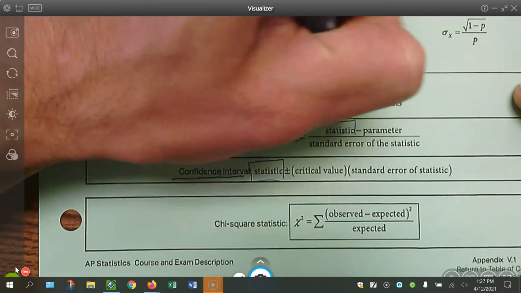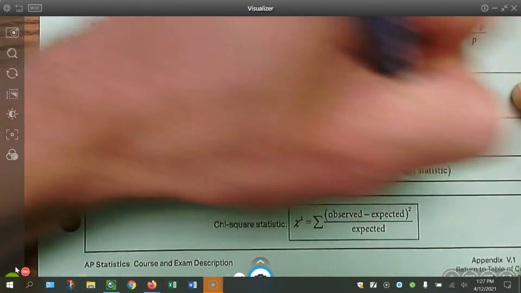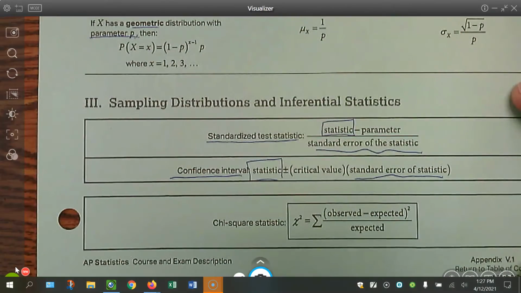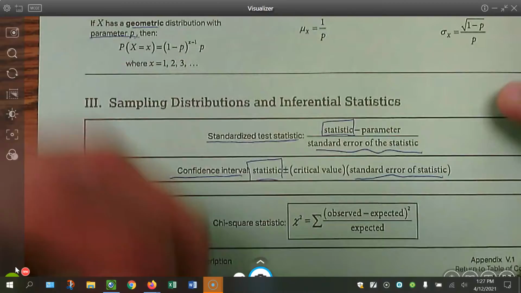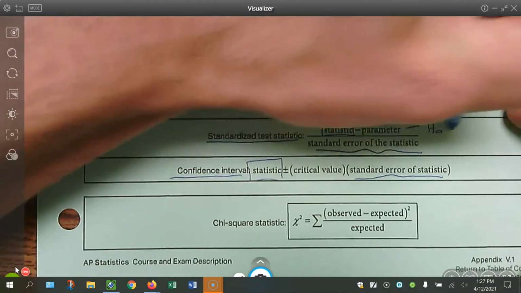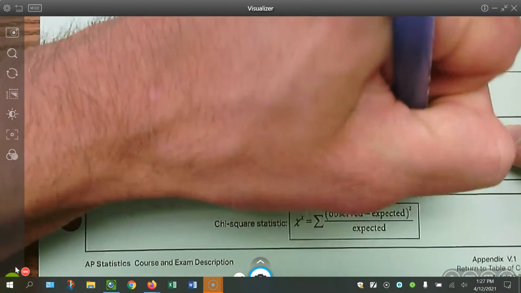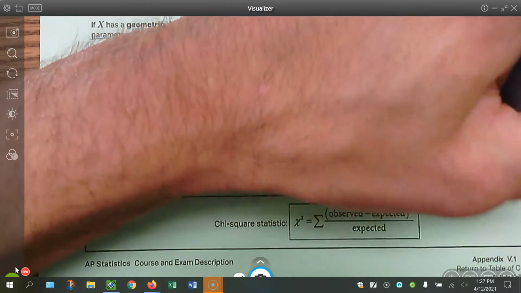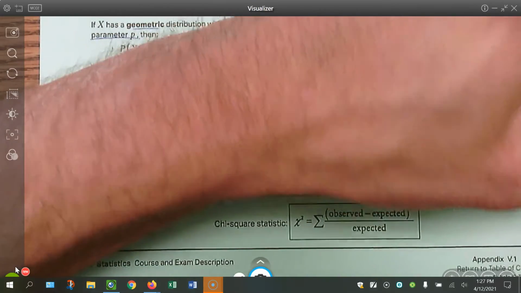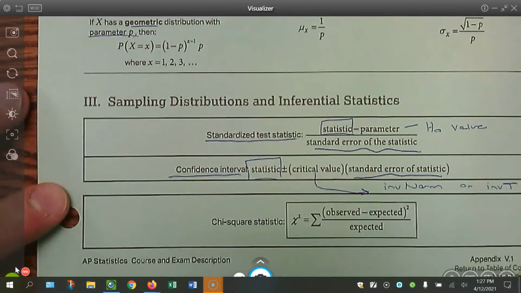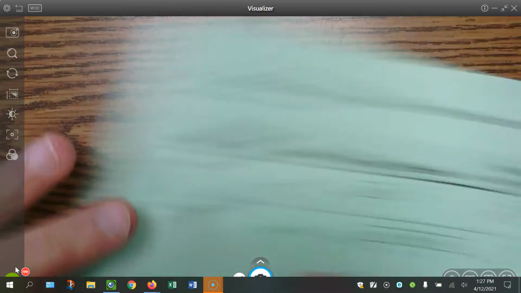You'll notice a lot of similarities here. Statistic, standard error of statistic, standard error of statistic. And that's where the back is going to come in. The parameter is going to be your null value. And this critical value is going to be either inverse norm or inverse t to get that. So let's take a look at the back.